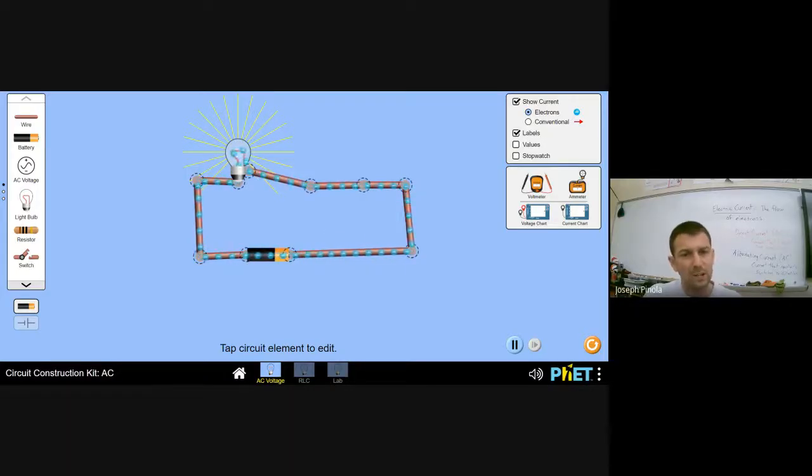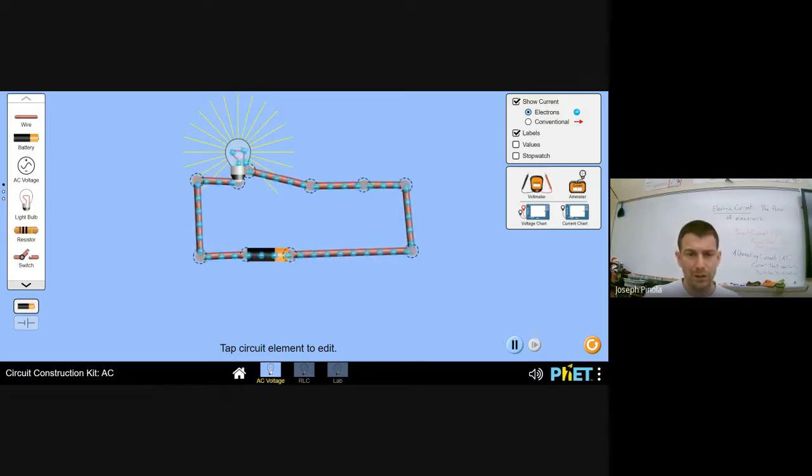So now let's take a look at direct and alternating current in a circuit. Here on the screen in front of you, you see electrons that are moving through a circuit. These electrons are flowing only in one direction. They represent direct current. Notice what's causing the electrons to move in this way. It's a battery.